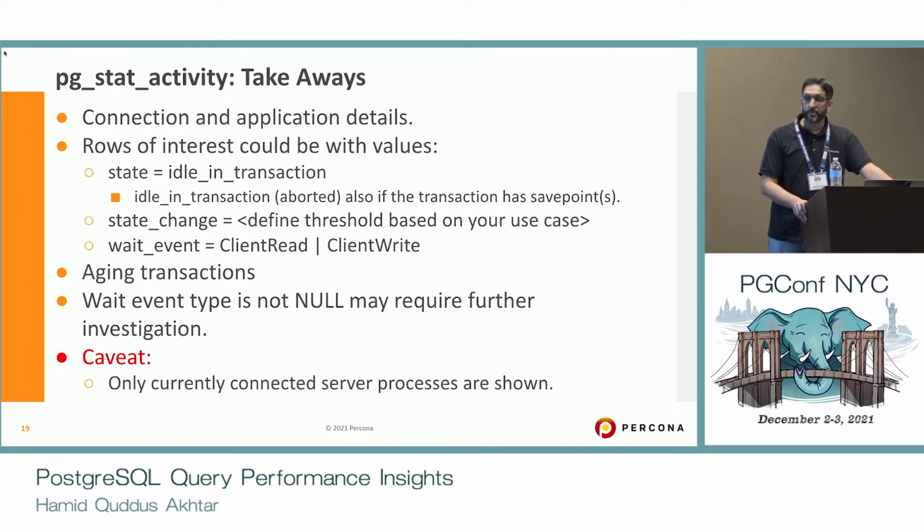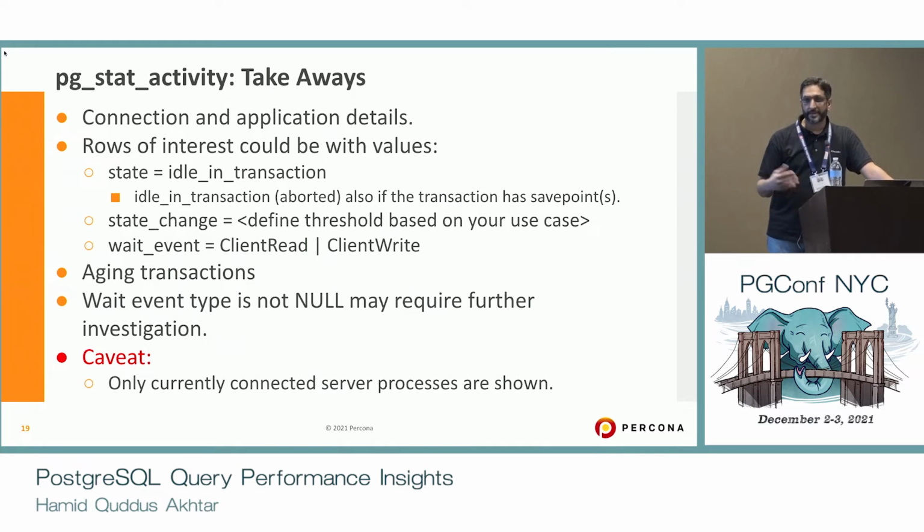In terms of time thresholds, you want to evaluate when the last state was changed for that particular connection, and you might want to have your own time threshold for your particular use case.